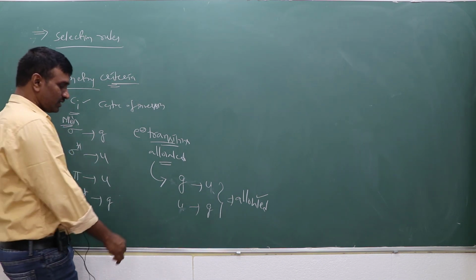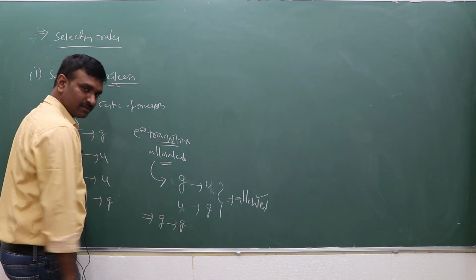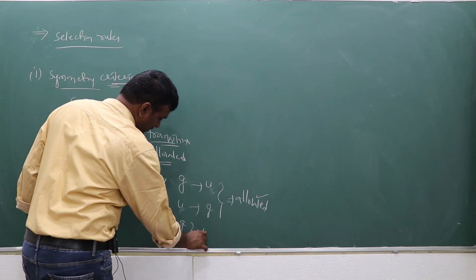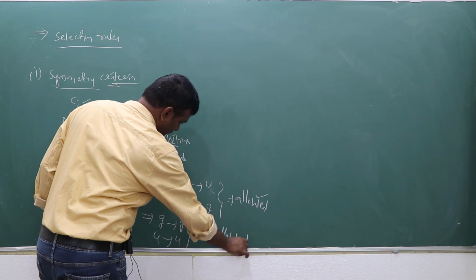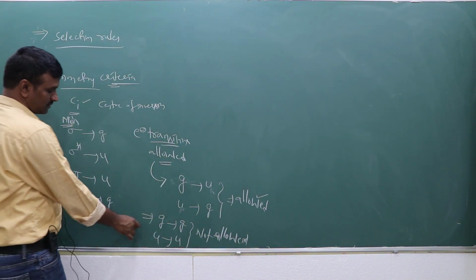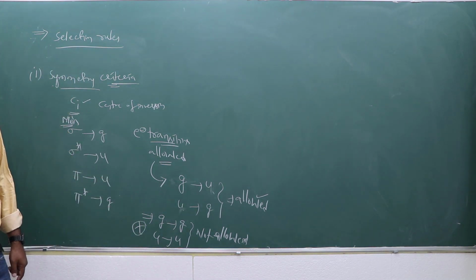And if the molecular orbitals have the same symmetry, gerade to gerade and ungerade to ungerade, that is not allowed. This is not a possible transition. The other one is an allowed transition according to the symmetry criteria.